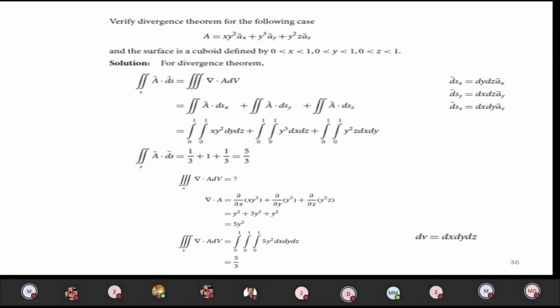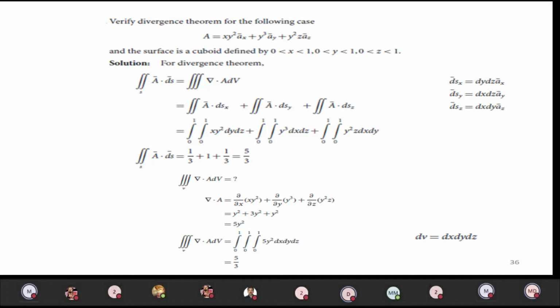What we have to show is, according to the divergence theorem, the volume integral of del dot A into dV equals the surface integral of A vector dot dS vector. First I am considering the left hand side, the surface integral of A vector dot dS, and I am going to find the answer for that.